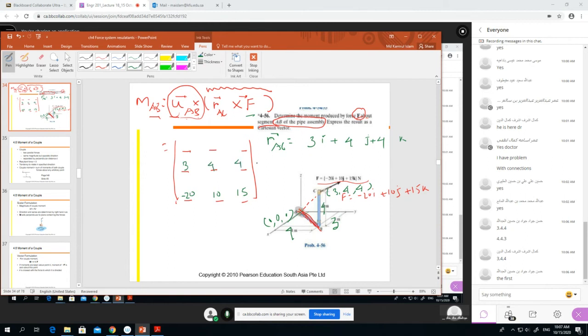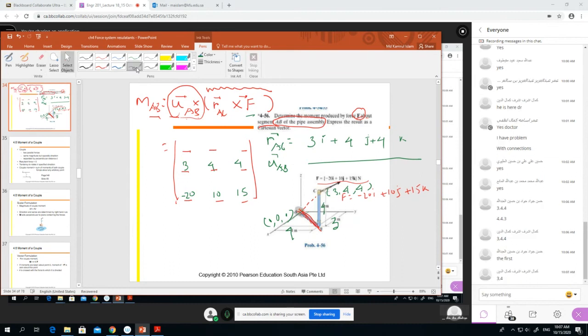What do we have remaining? We have UAB remaining now. So calculate UAB. UAB vector equals, first RAB, divided by the magnitude of RAB. A we already have.